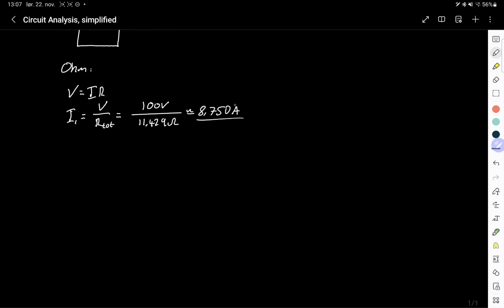Yep. So this is now the main current running through the circuit. That's the current that's being emitted by the generator.